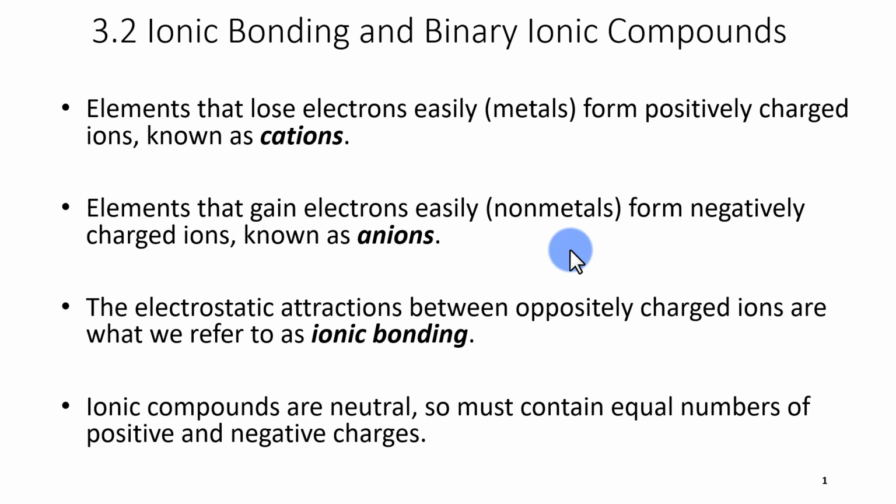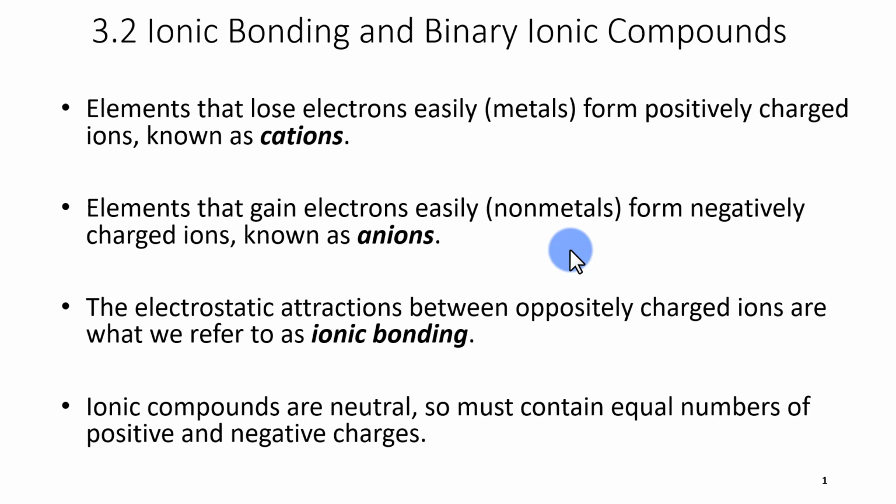The electrostatic attraction that occurs between oppositely charged ions forms ionic bonding, and the compounds that are formed from the ions binding are called ionic compounds. So, compounds formed from ions. This is a very important concept. So please remember, because it will be the basis of how we write these ionic compound formulas.